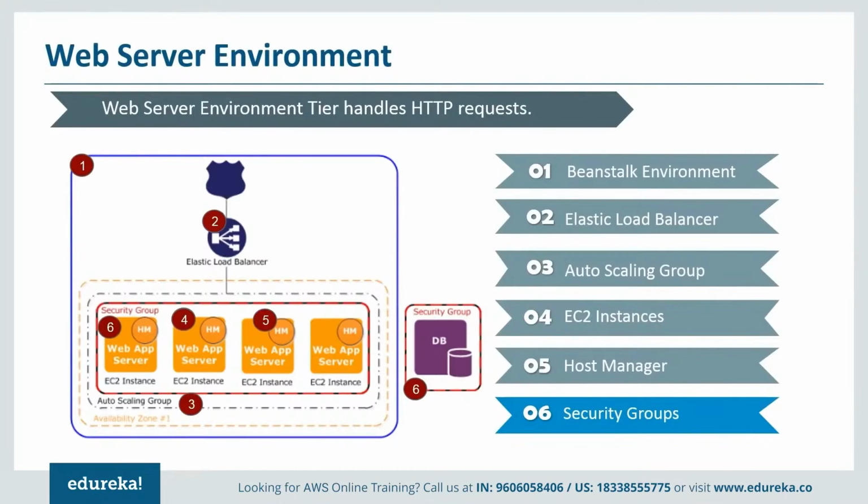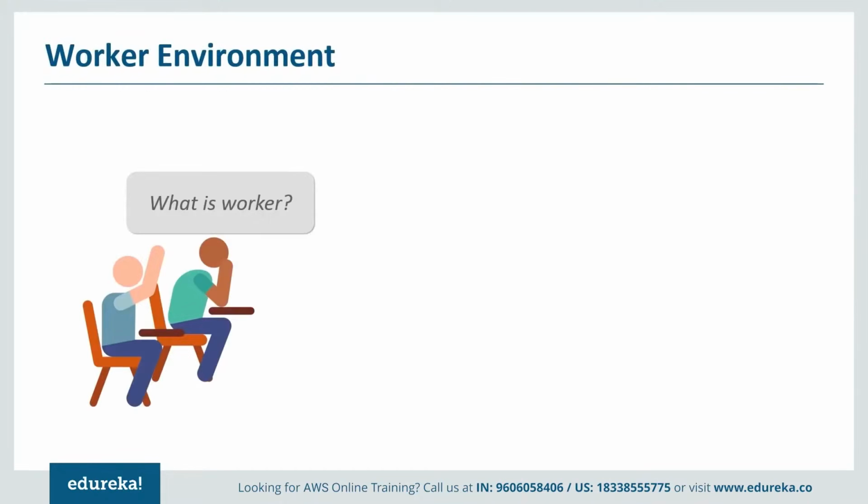Moving on, we have something called worker environment. First question that comes to our mind is, what is worker? Well, suppose your web server has received a request from client, but while it's trying to process the request, it has come across tasks which are consuming a lot of resources and taking a lot of time, because of which it's quite possible that your web server might deny other requests. So it forwards these requests to something called worker.